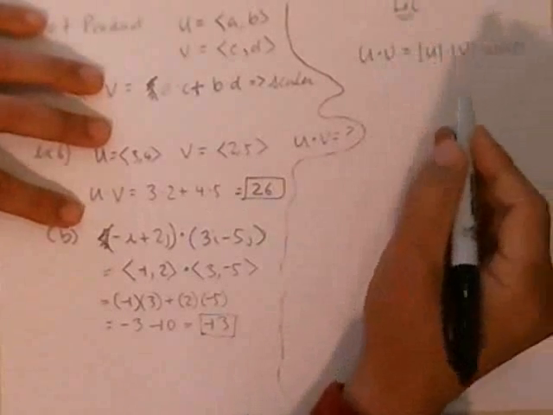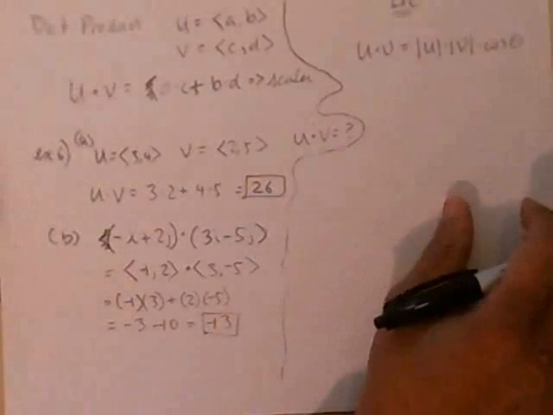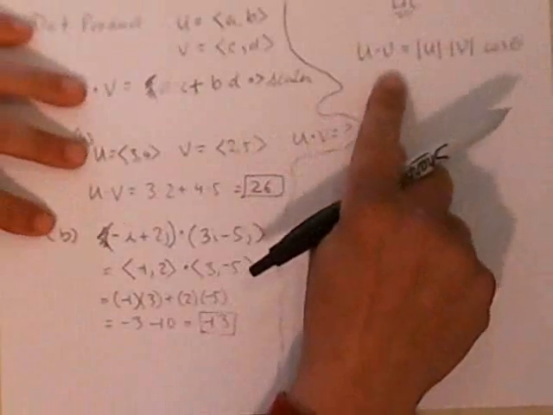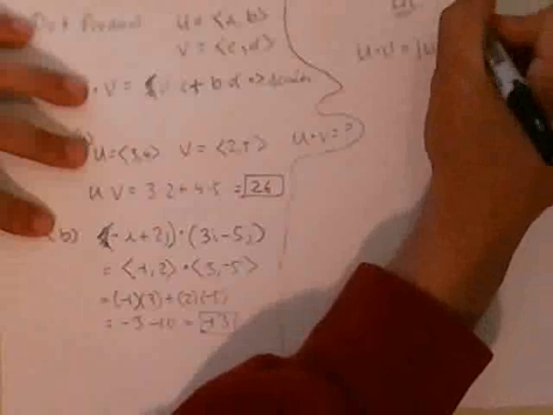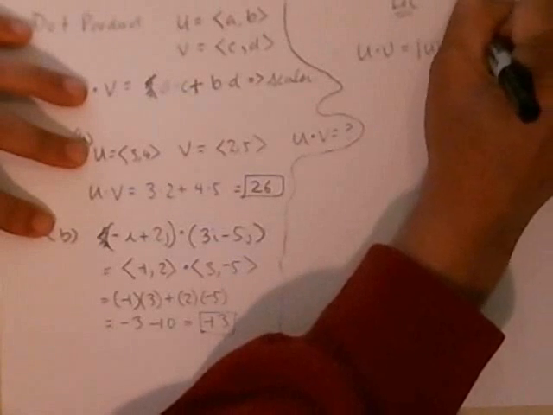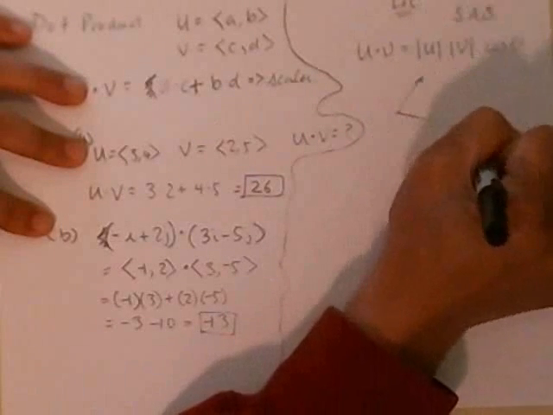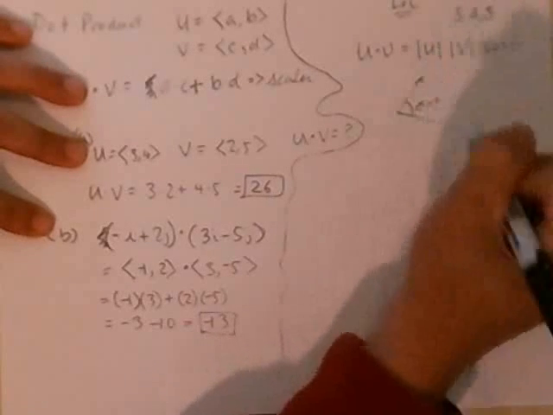It's not that difficult to prove, and you're just going to use the law of cosines. So that's where the dot product is used, in the case of the SAS situation. You have a vector u, a vector v, and you can try to figure out the angle.